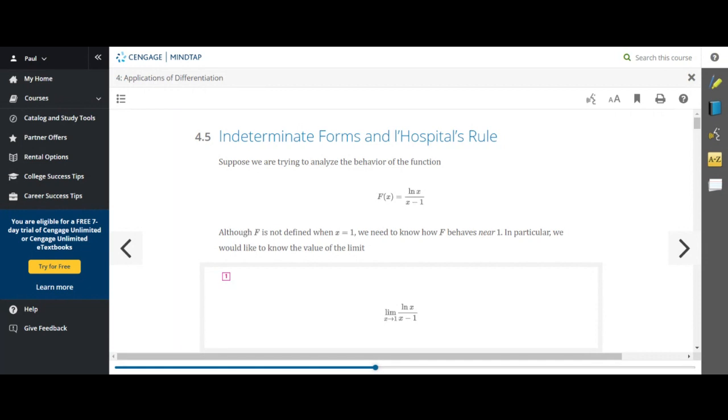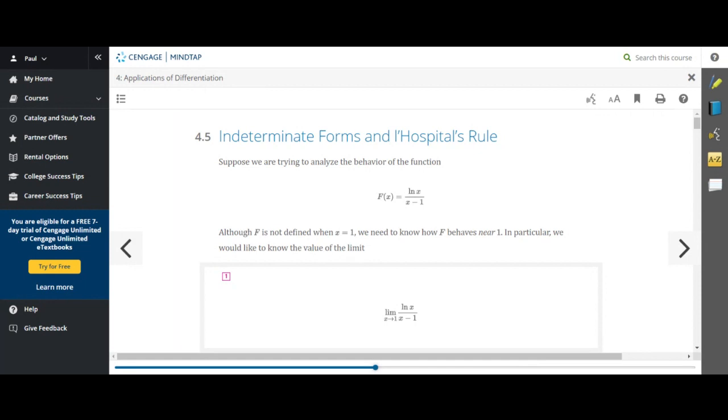But you see, sometimes there are limits that are what are called indeterminate. Like for instance, this in box 1 here, and again, we're in section 4.5.